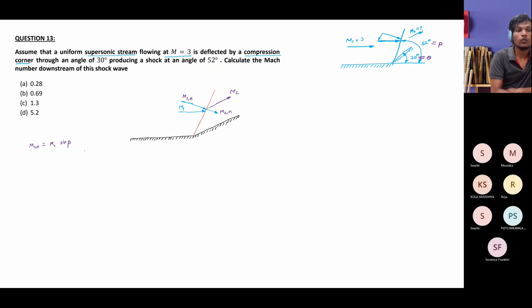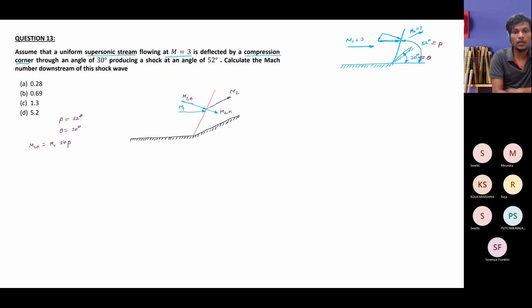This is your theta. We are given that beta equals 52 degrees and theta equals 30 degrees. So we are now transforming it into the oblique shock wave normal direction.